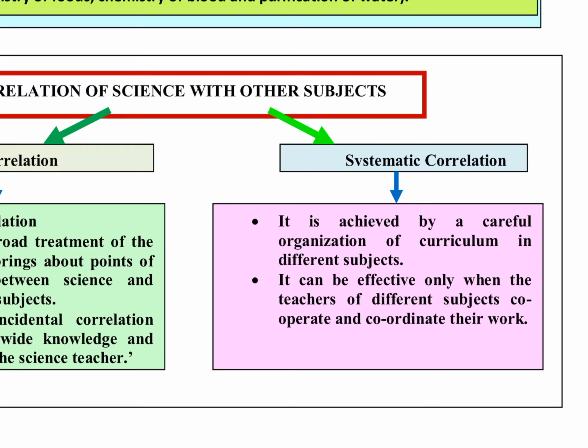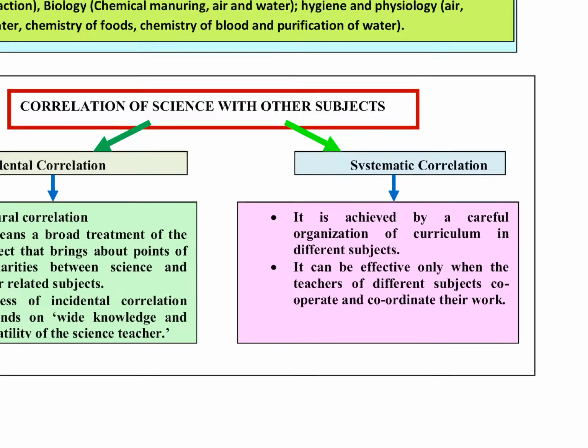So here, one teacher will be teaching biology, one teacher will be teaching chemistry, one teacher will be teaching physics. So every teacher can correlate their subjects with other subjects if that curriculum is planned, organized in a way of systematic correlation. So it depends on how the curriculum is framed.